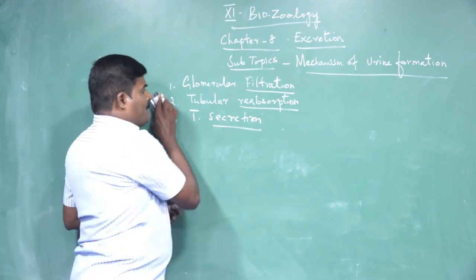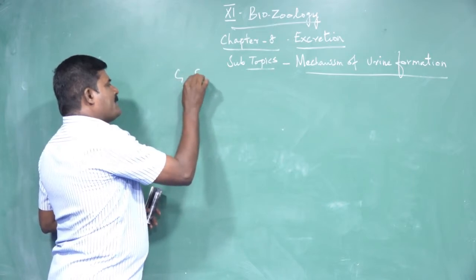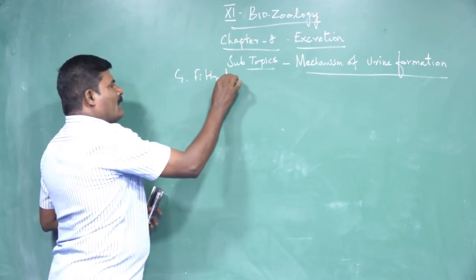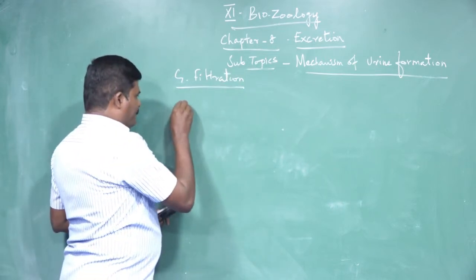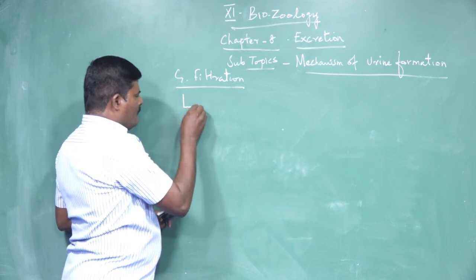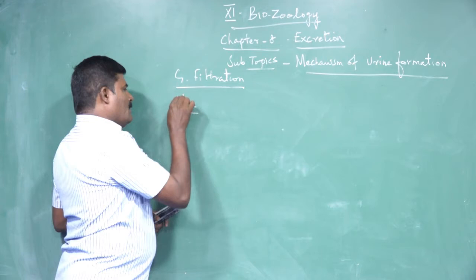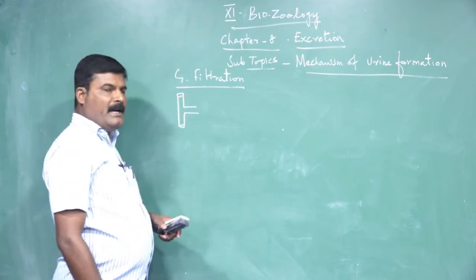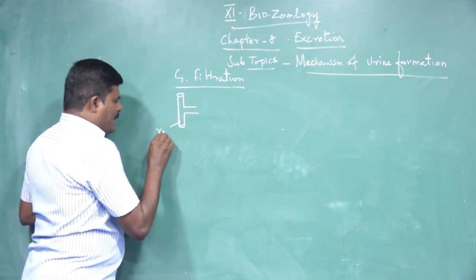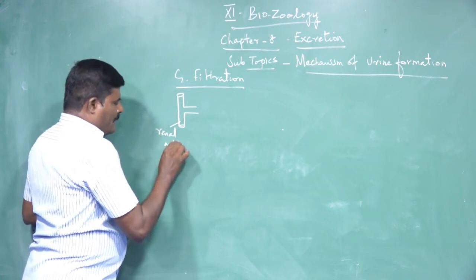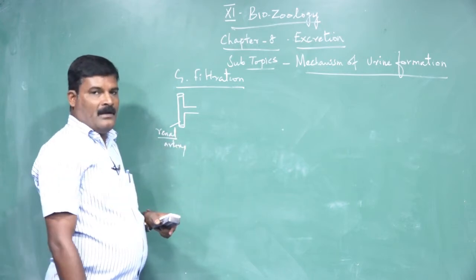Now, how does it take place? The first process is glomerular filtration. Normally, the kidney receives blood from the main artery, the renal artery. You know, renal means kidney.